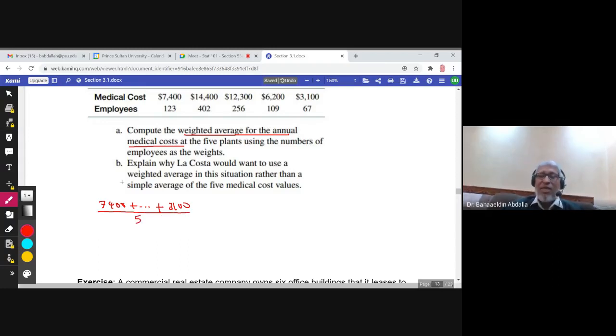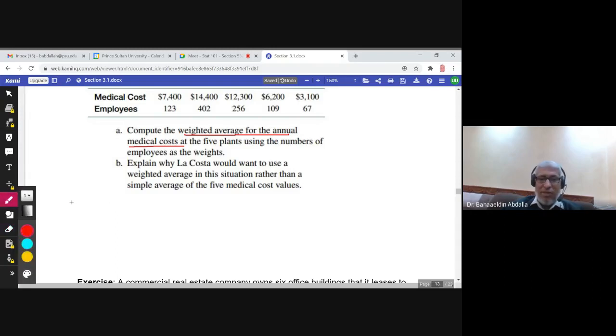This is the unweighted average for medical costs. Okay, now find the weighted average. Weighted average, you multiply each one of them by its weight. So you understand immediately that the weights here are the number of employees.